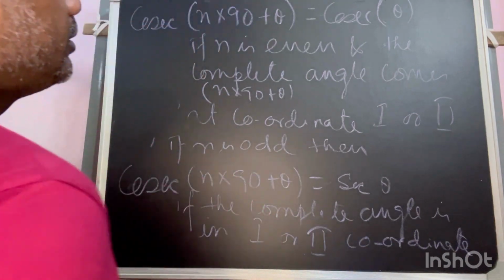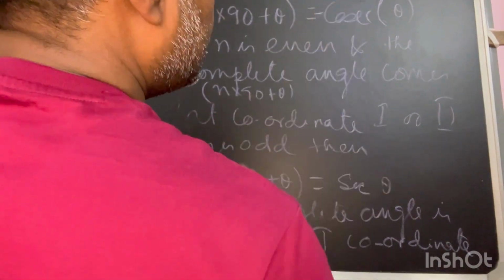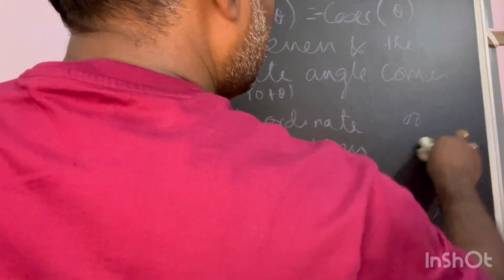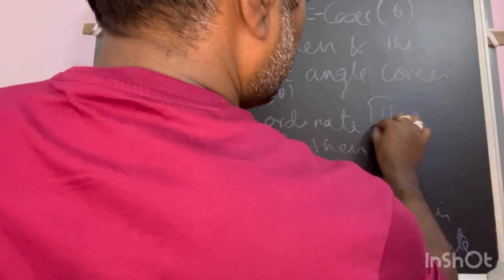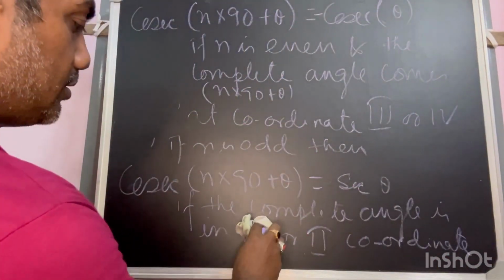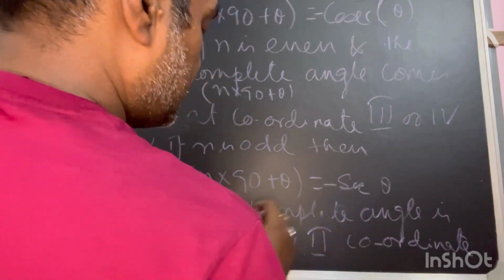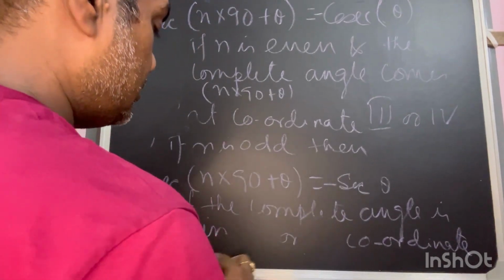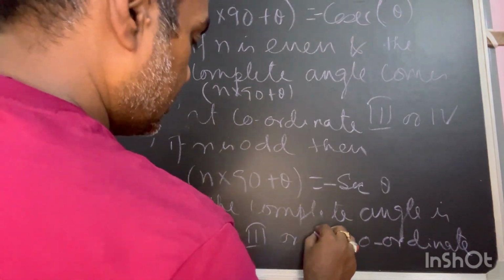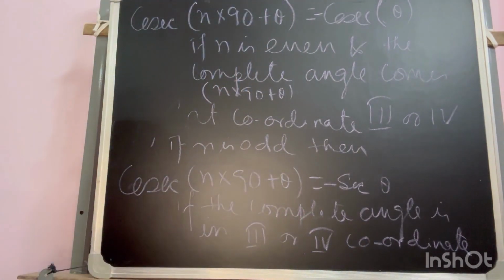Now it will change to minus when it is in the third and fourth coordinate. It will change into minus if it is in the third and fourth coordinate. Understood?